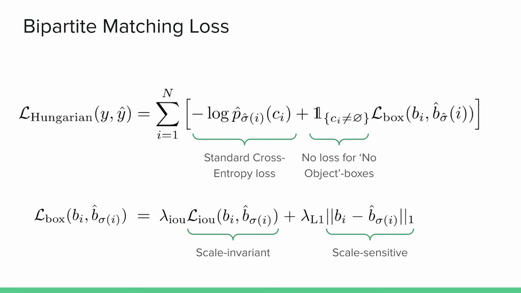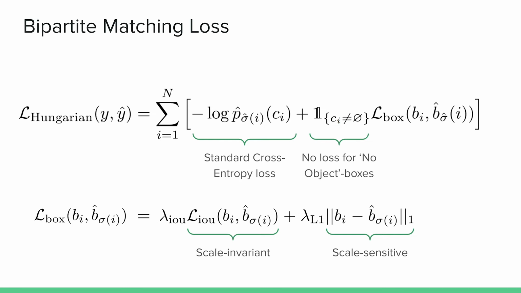But they say, well, this scale invariant thing might be helpful, but we should also take the scale into account, because for smaller or bigger objects, this intersection over union can be unfair. If you have a large object that is slightly shifted to a different location, it would get a quite high penalty from the intersection over union loss.